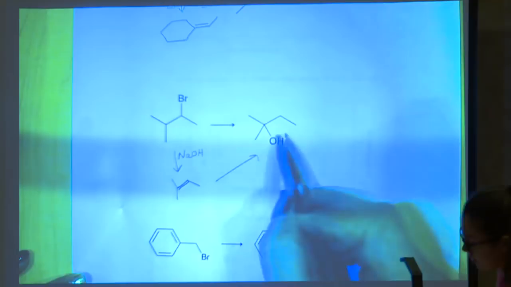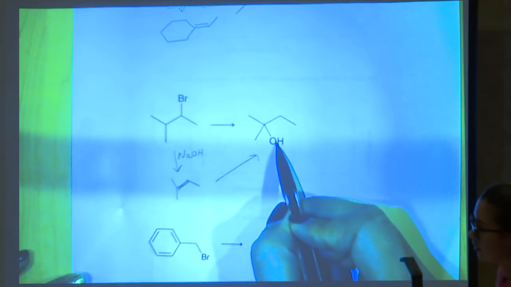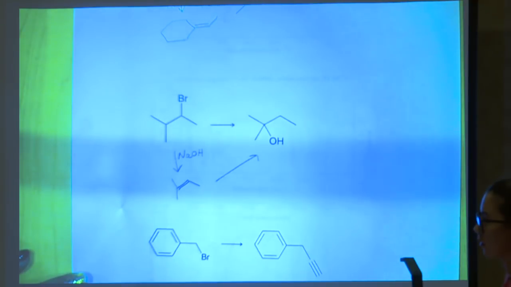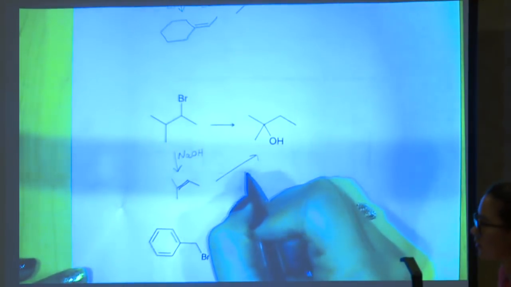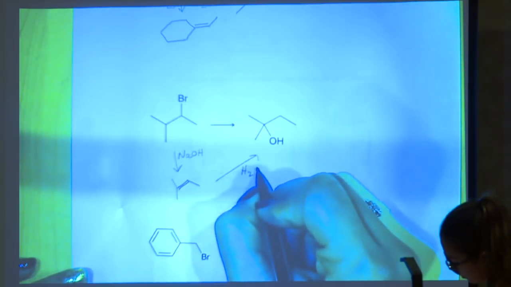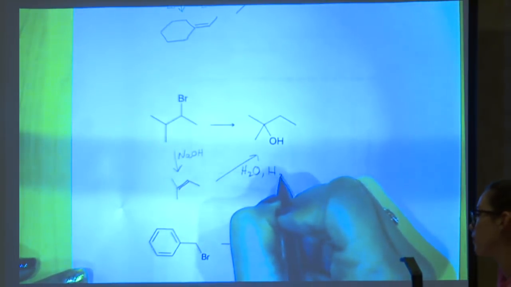What product is this? Good. So our Markovnikov, which is how? Well, what are the reagents? Good. Yes. You had your hand up?